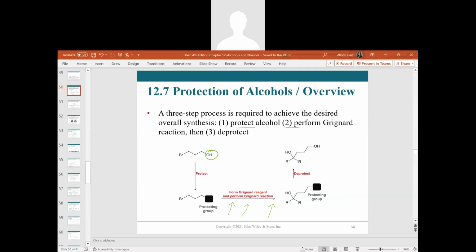All these individual things happen in the Grignard reaction. And then we still have our protecting group on our alcohol product. We've added our R groups here as well. And now we want to deprotect our alcohol functional group. Certain reagents will be used in that step.